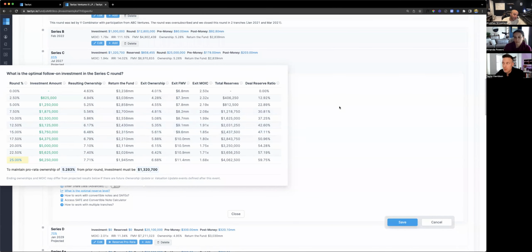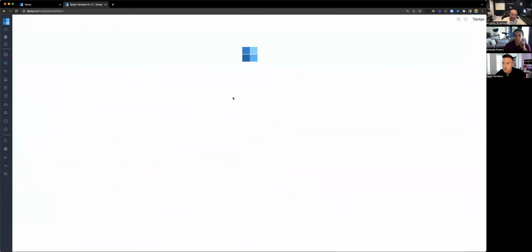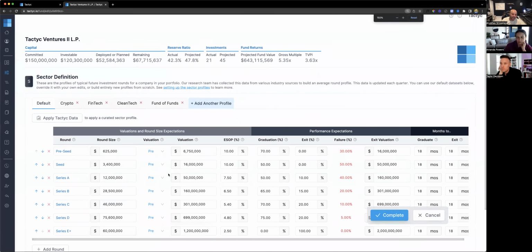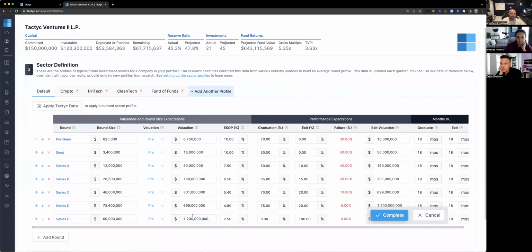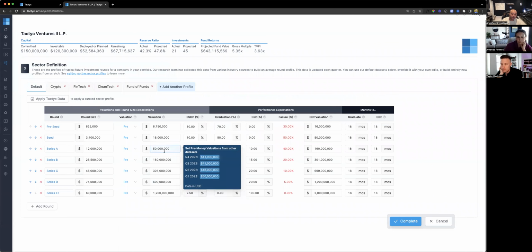Yes. So in the construction part, and this is a little bit of a detour, when you're first building a fund, we ask people to build a sector profile, a macro profile. What do you expect round sizes or valuations to look like for the rounds that your companies might experience in their life? This is where we give you data. So we give you pre-benchmark data.